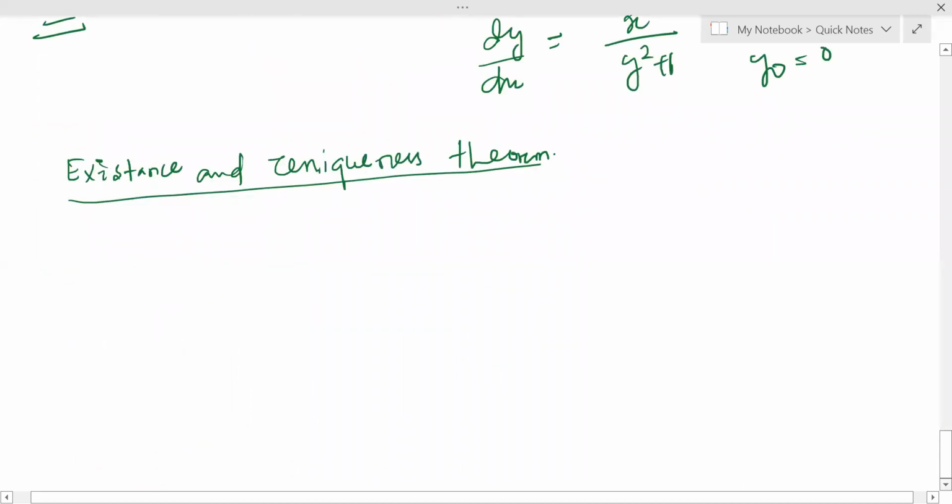Existence and uniqueness theorem. What is the existence and uniqueness theorem? Let f of x be a function.